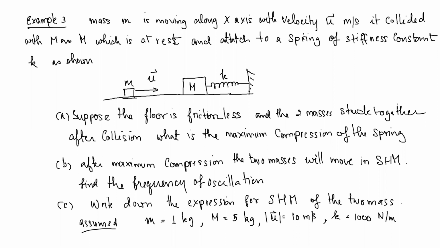So you can find the frequency of oscillation, and the maximum compression from part A will become the amplitude of the oscillation. They give you the numbers: mass m1, or small m, is 1 kilogram, the mass m2 is 5 kilograms, the initial velocity is 10 meters per second and k is 1000 newtons per meter.